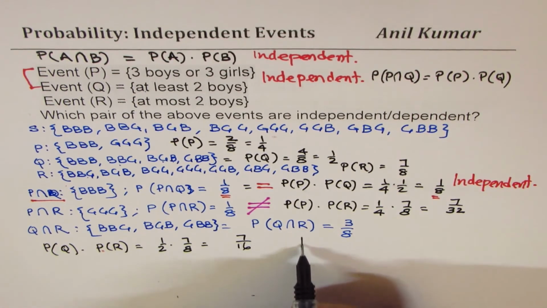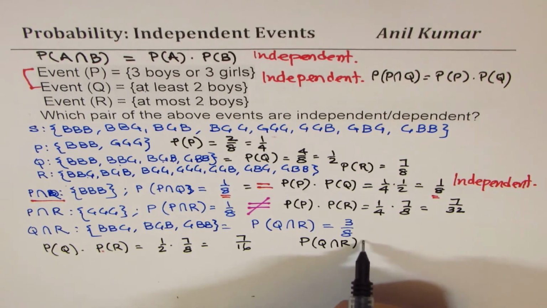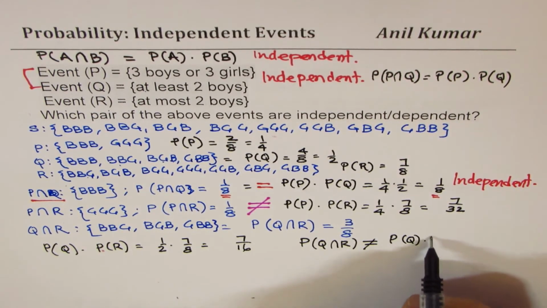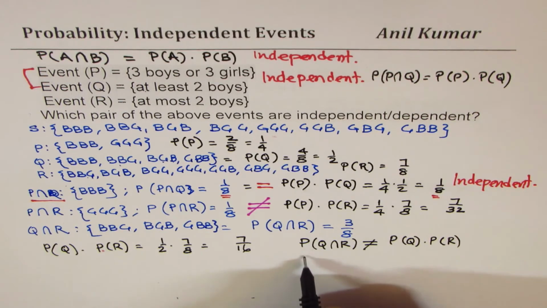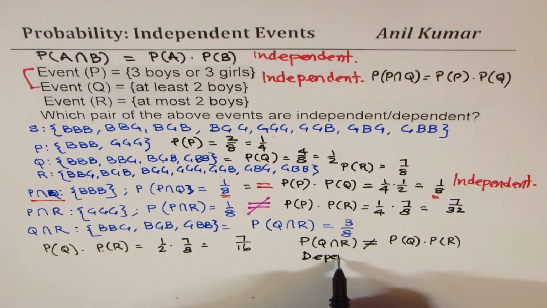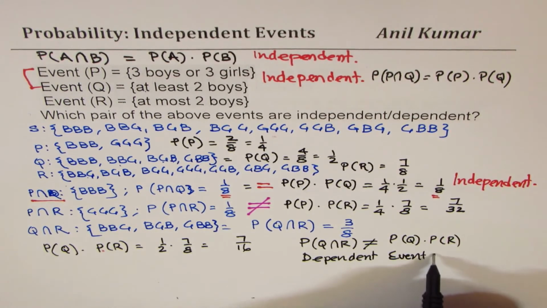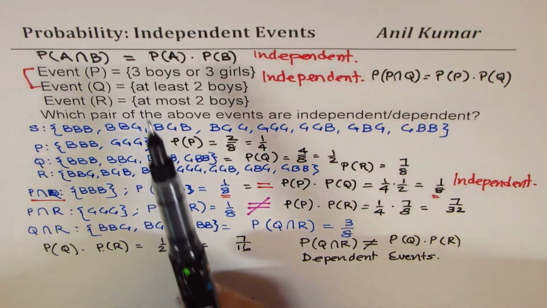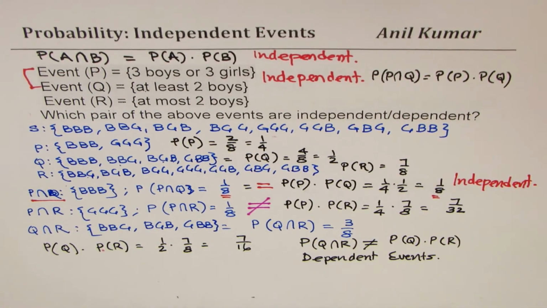And clearly, we see that the probability of the intersection of Q and R is not equal to the probability of Q times the probability of R. Therefore, these are dependent, right? So from here we conclude that the only independent event pair is P and Q. The other combinations are dependent.